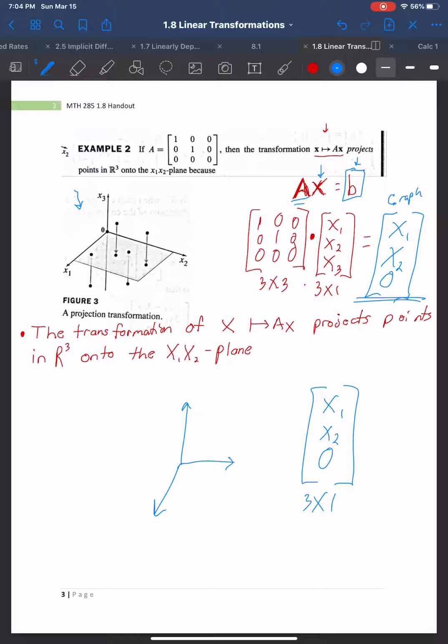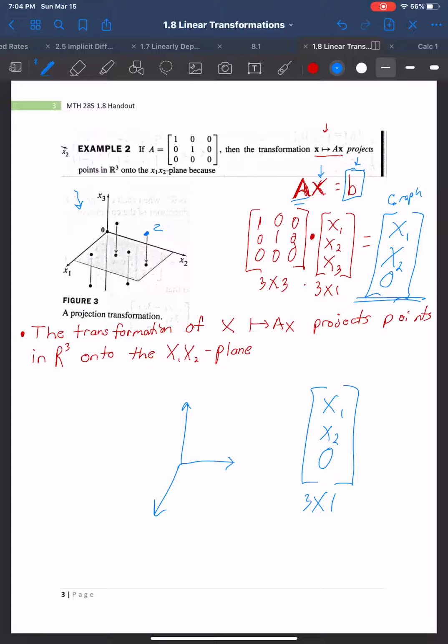And then, if you look at the graph, bear with me here, so here is some point. Let's call it Z. Z is some point in space.